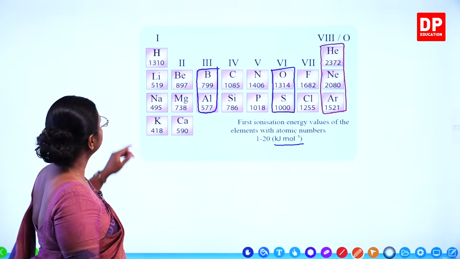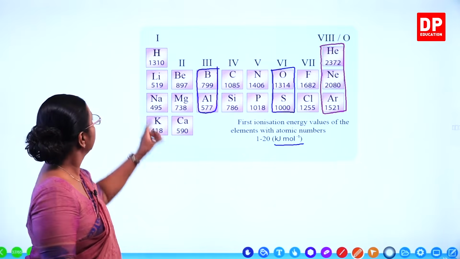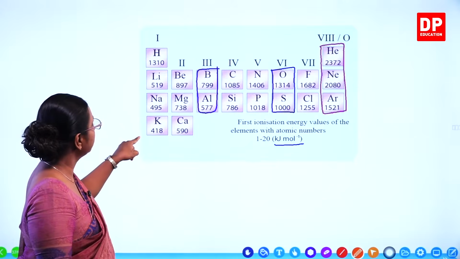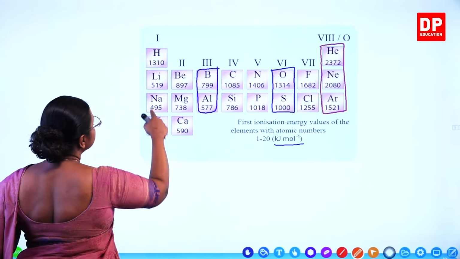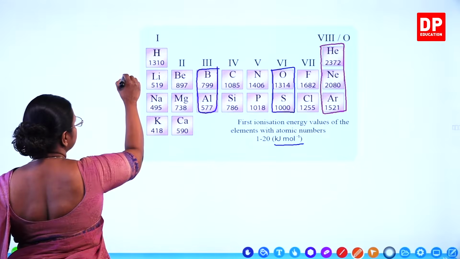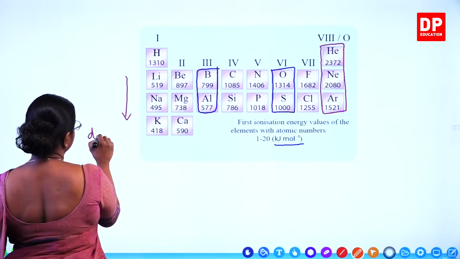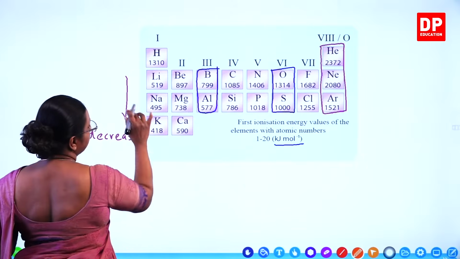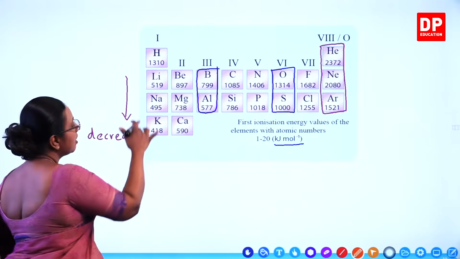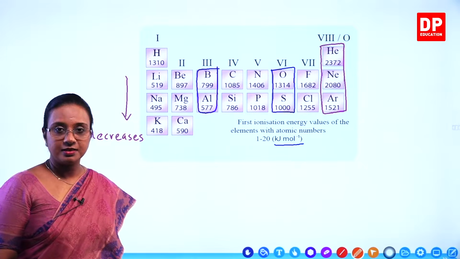At the same time, if we look at the first group elements, lithium, sodium, potassium, you can see that the first ionization energy decreases when you go down the group. Here you saw a pattern. Down the group, you saw that it is decreasing.